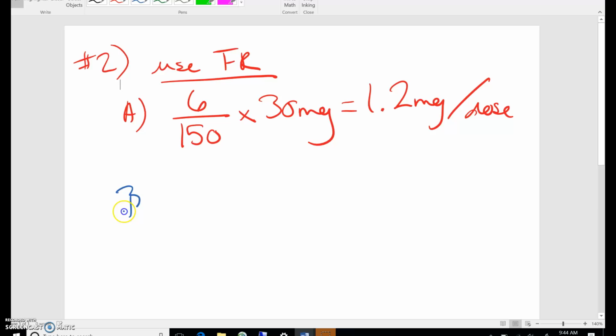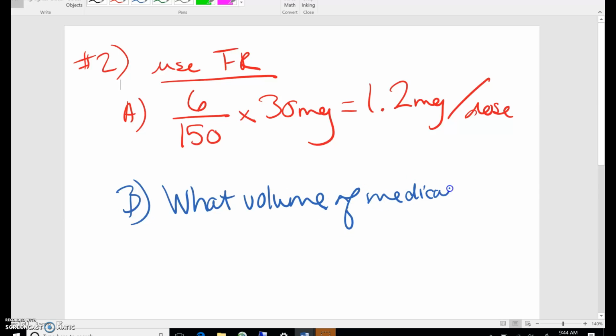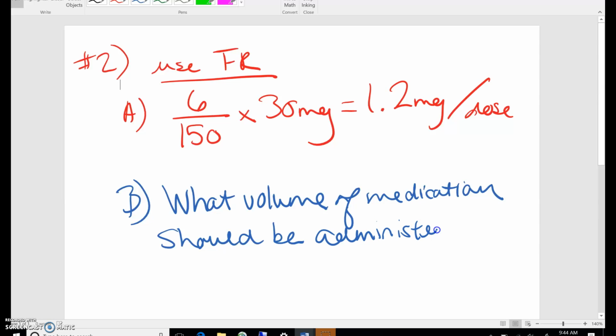Well, B, they want to know what volume of medication should be administered with each dose.